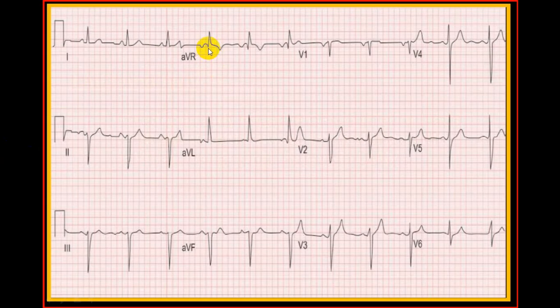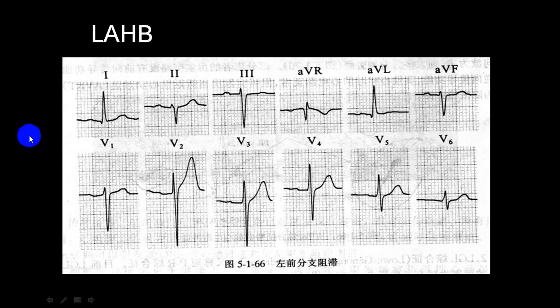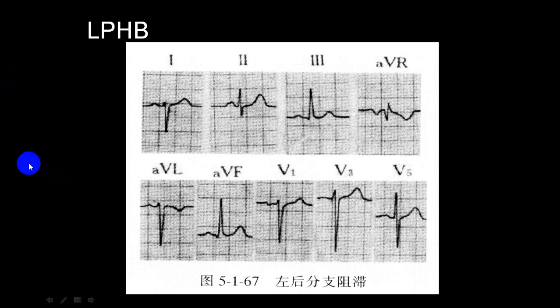Now you can see here in AVR there is a small Q wave and an R wave with T wave inversion, and you got an RS pattern in lead 2, lead 3, and a left axis deviation. This will be in favor of LAHB. Clear? LAHB, left anterior hemiblock.